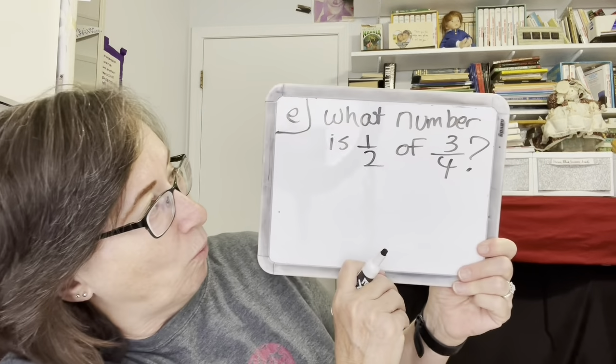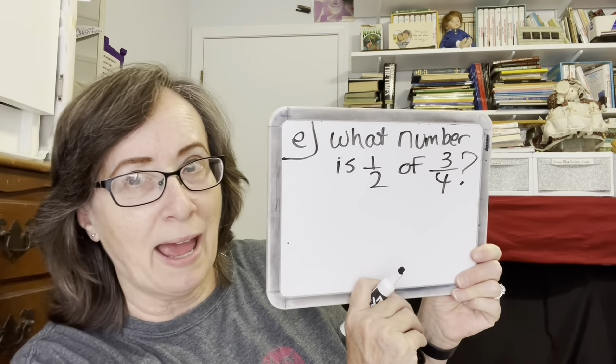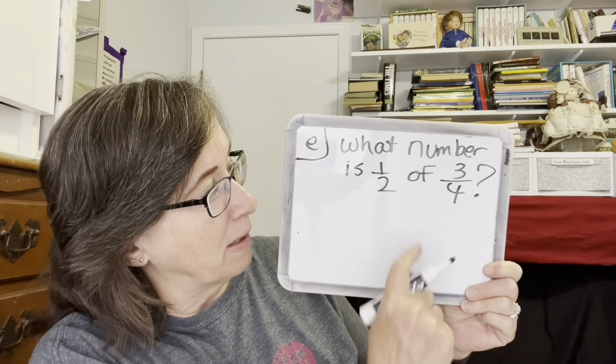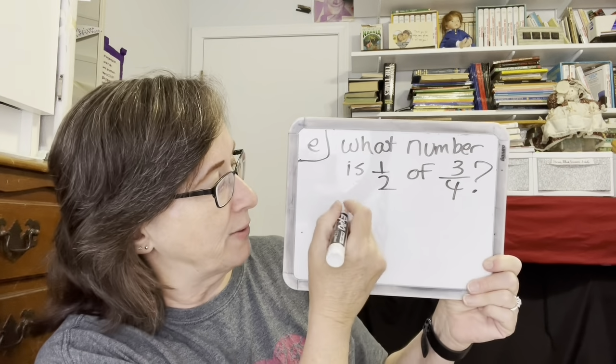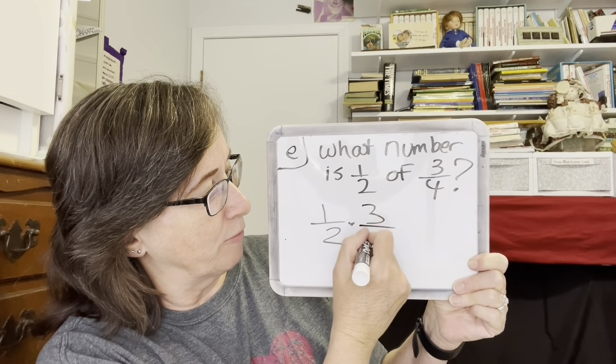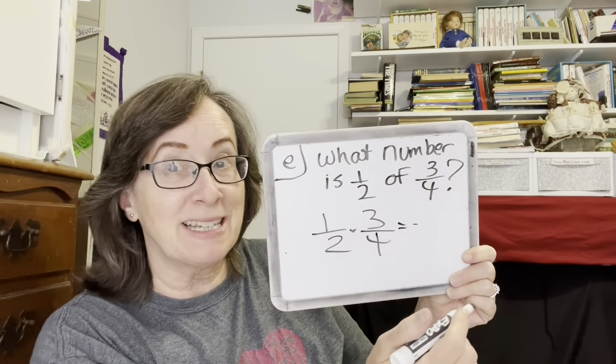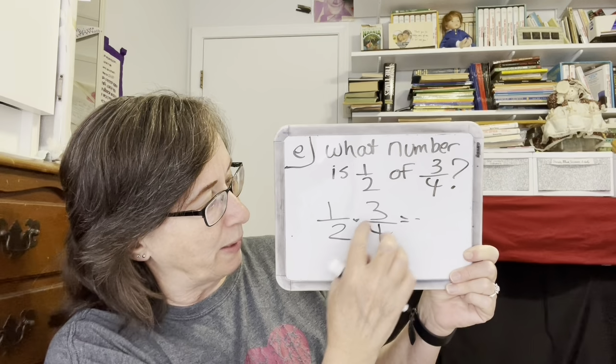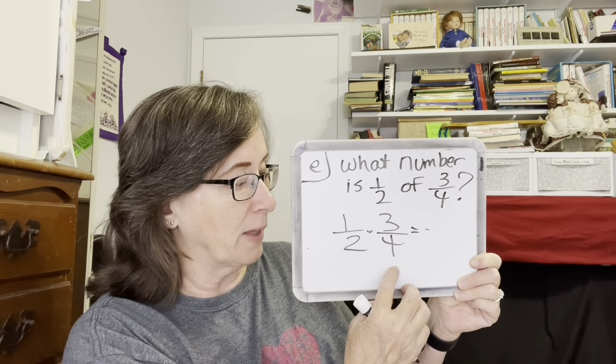E says, what number is 1/2 of 3/4? 1/2 of 3/4 is 1/2 times 3/4. Again, in this one, there is nothing to cancel, because 3 does not cancel either one, okay?